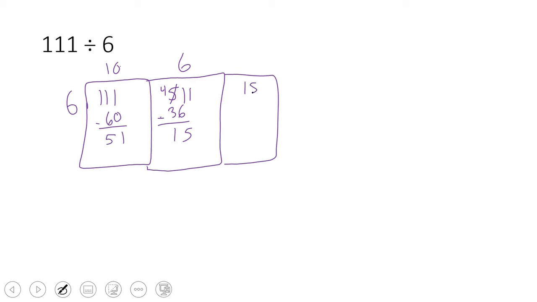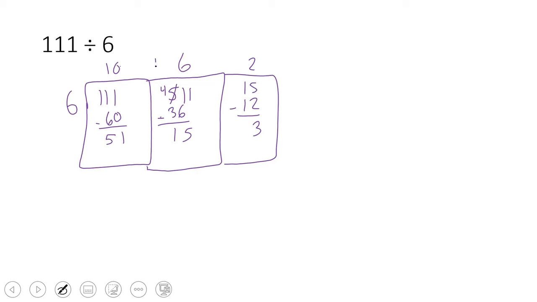I'm going to say 2 because 6 times 2 is 12, and that's still smaller than 15. Okay, so 15 minus 12 is 3, and 3 is less than 6, so I'm done with my boxes.